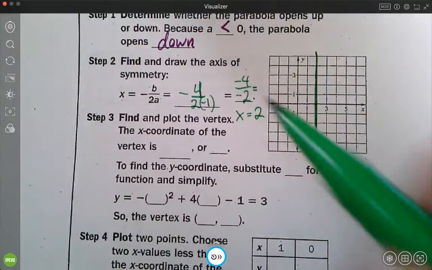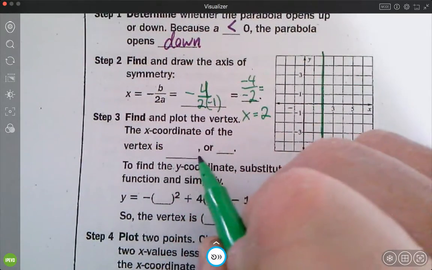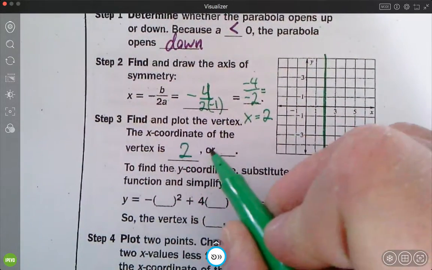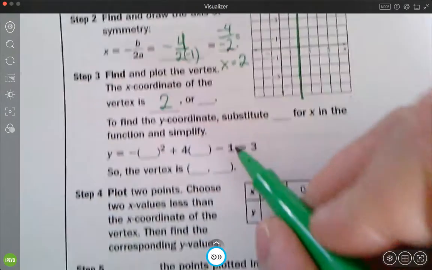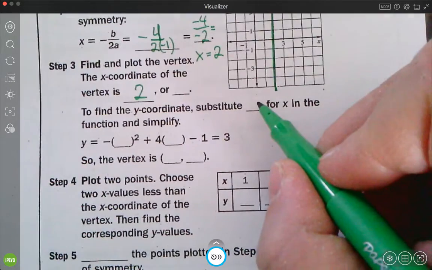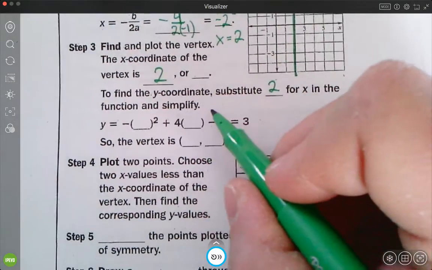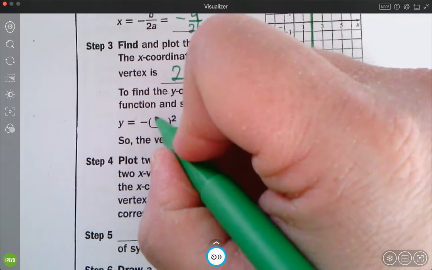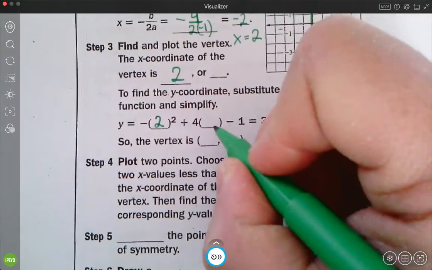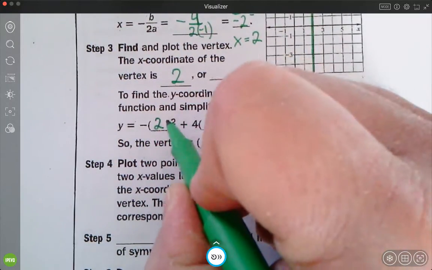Now to find the actual vertex, you take the x-coordinate of the vertex, which is 2, and substitute that 2 for x in the function, and then simplify. This is our function I'm substituting into. I'm going to put negative 2 squared. Notice the negative is on the outside when you square it, so it's going to give you a negative answer.